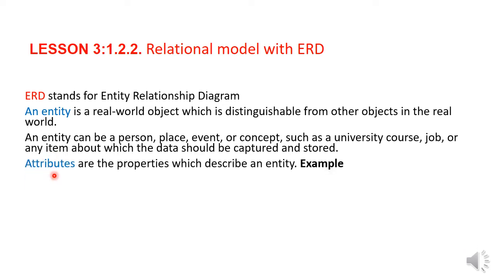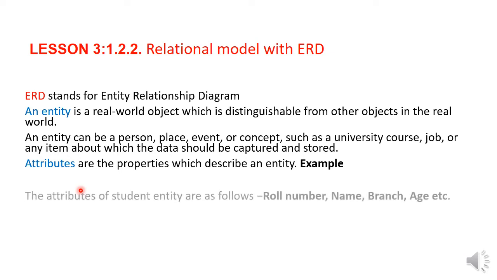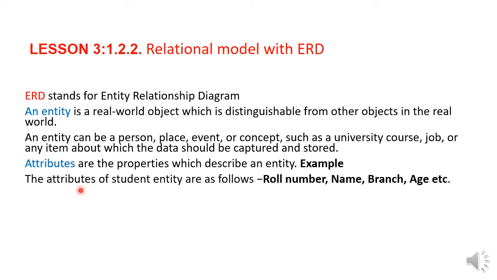An entity has characteristics, or we should say properties or attributes. Attributes are the properties or the characteristics that describe an entity. Let us take an example. We have an entity called student.